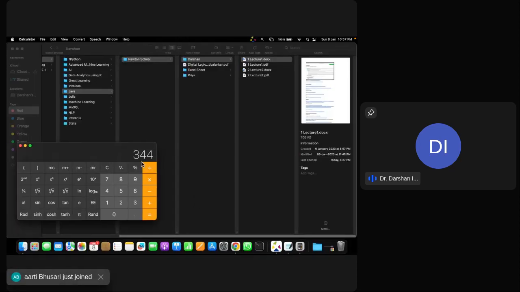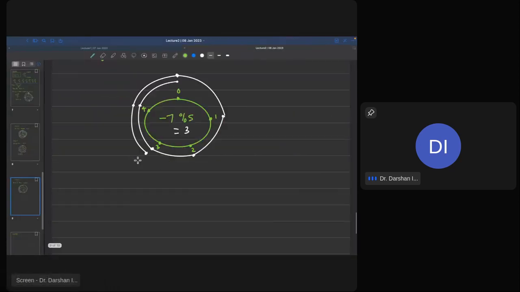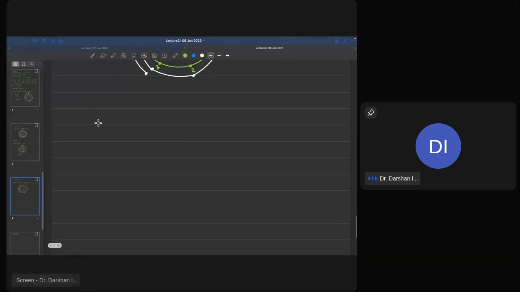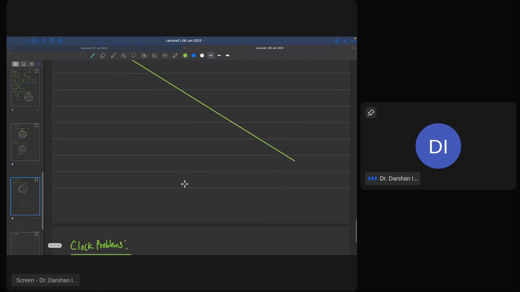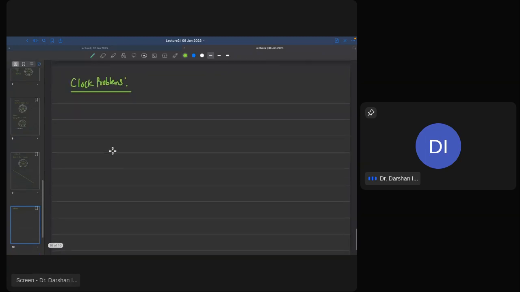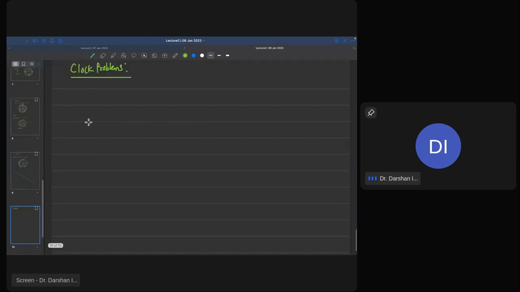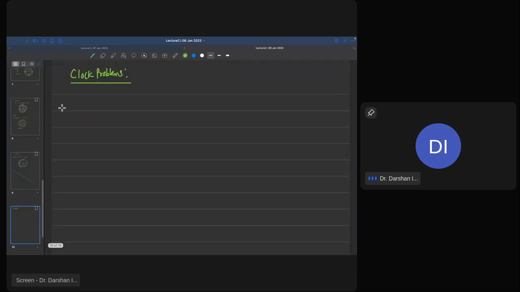Clock problems. Oh, that's already written, no? The question is, we'll solve two problems like this.